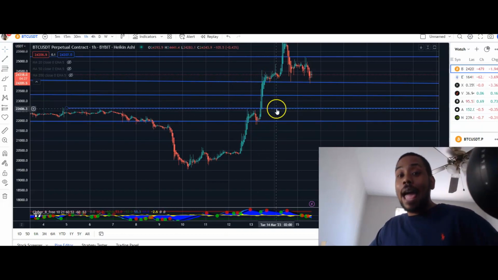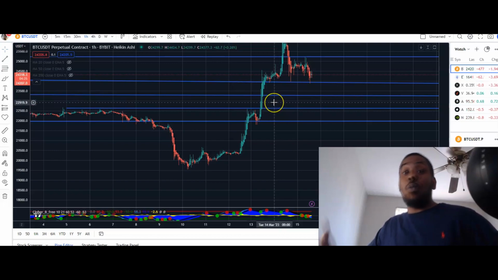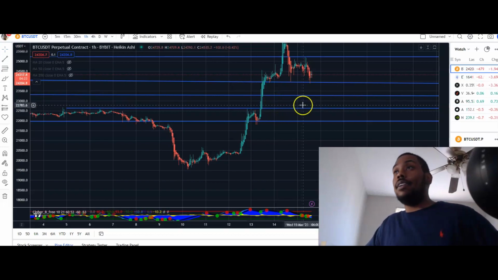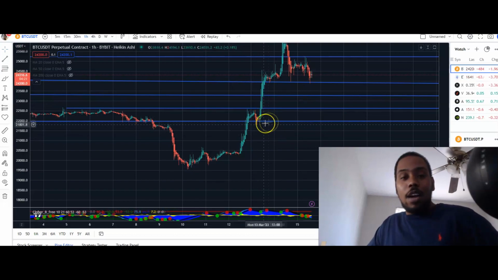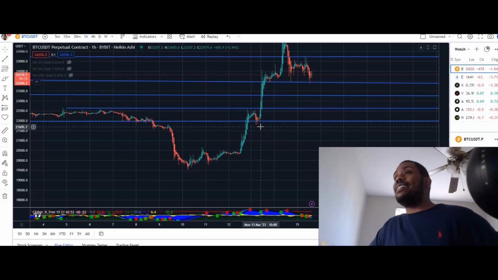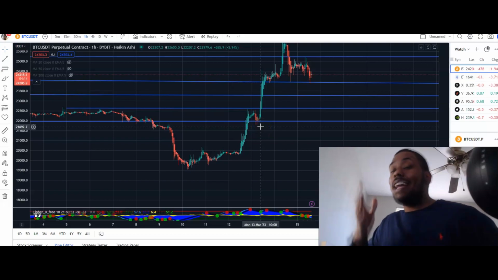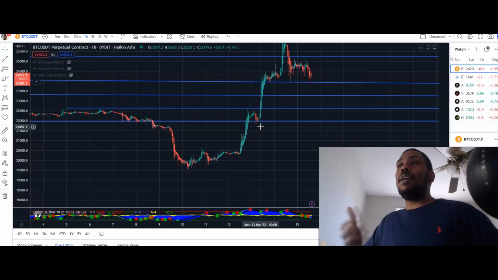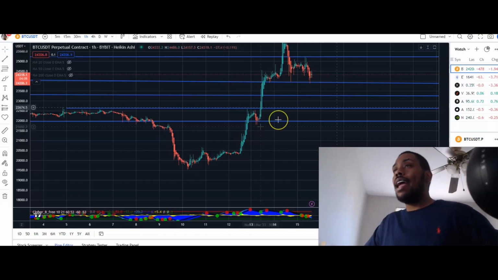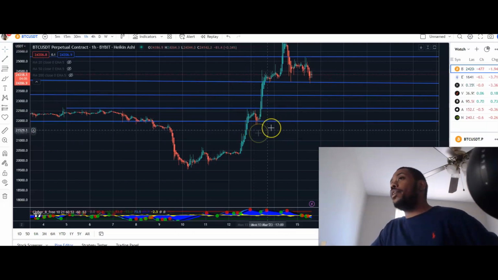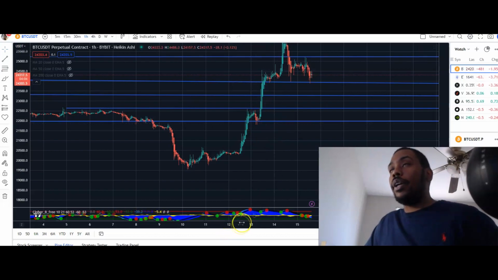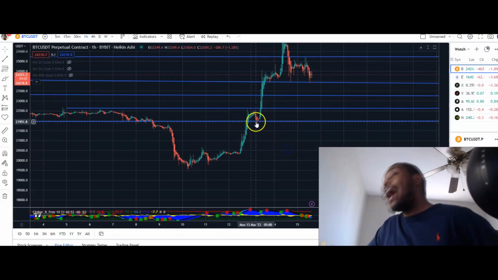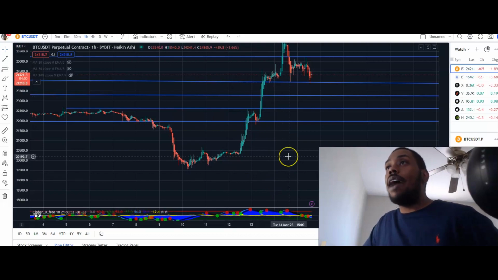So now, going back to what I said previously, where do you go ahead and enter this trade? Right here, where the market came back and confirmed it as support, because that is your telltale sign that the market is going to go ahead and go up. And then on top of that, we did go ahead and get just a little bit of a breather, put in another lower low before putting in another higher low before putting in another higher high.